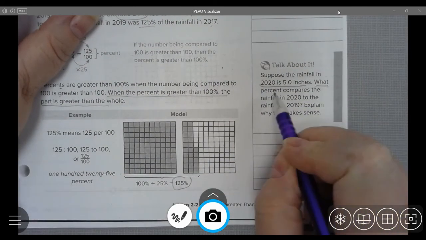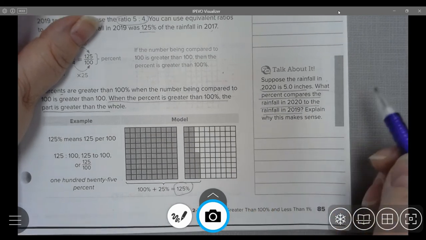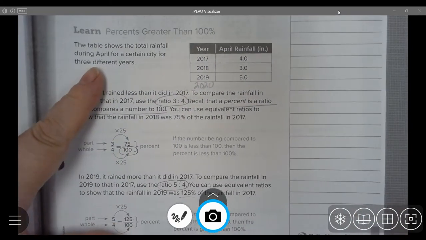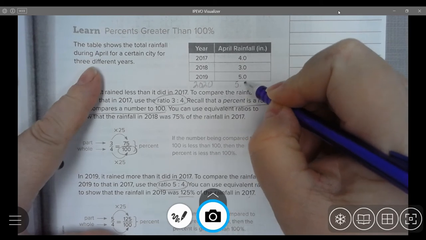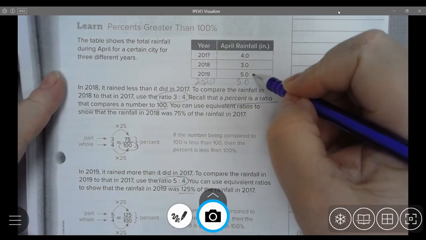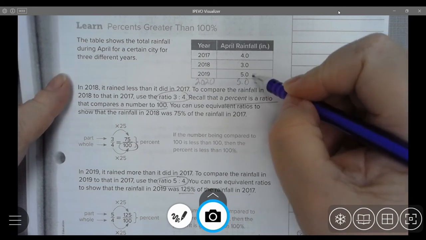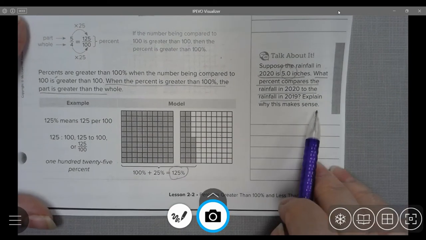So I'm going to underline what we're looking for, what percent compares. And at this point, 5 inches is what we need to look at. So I'm going to go back up here to the 2020 and add 5 inches. So if I take a look here at 2019 and 2020, they both are 5 inches. So we need this information when we come down here.